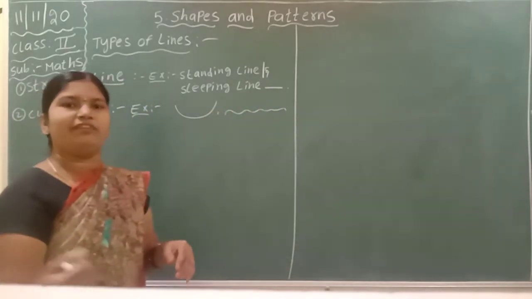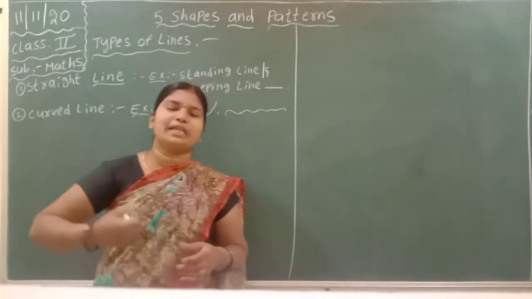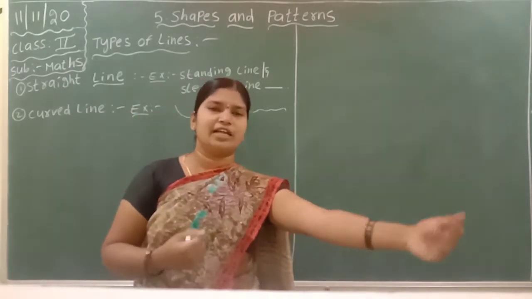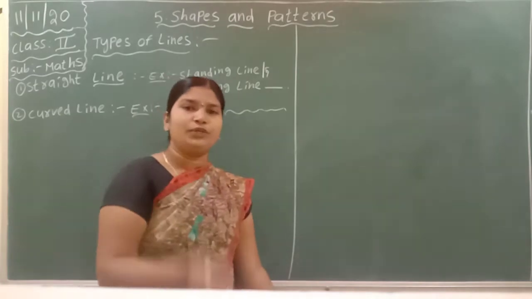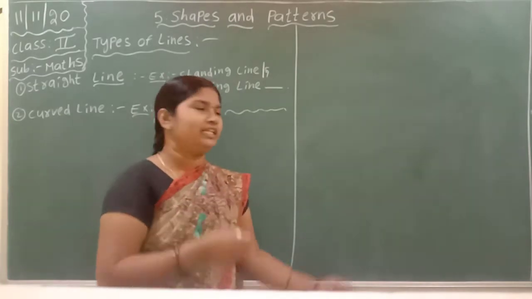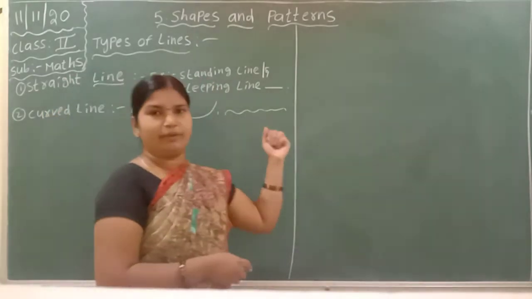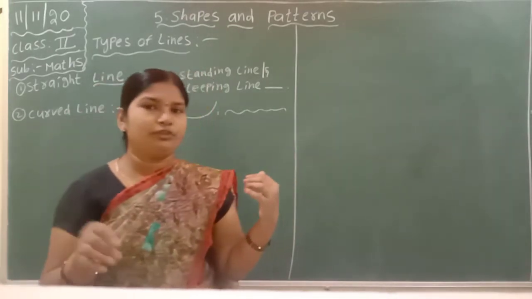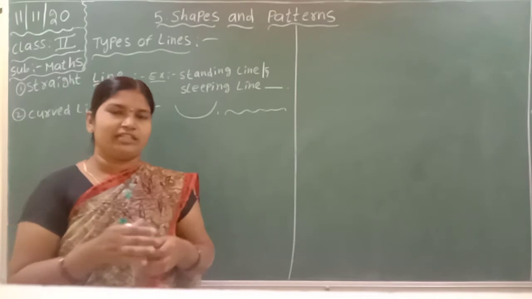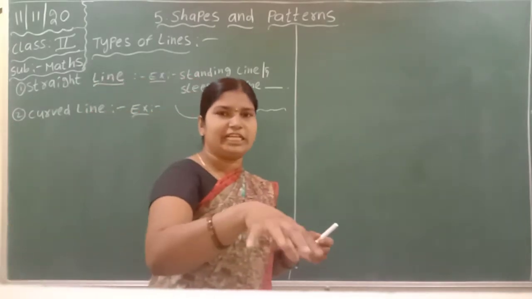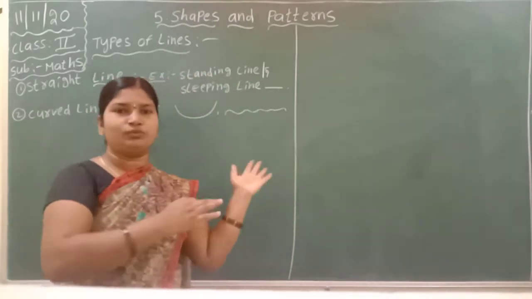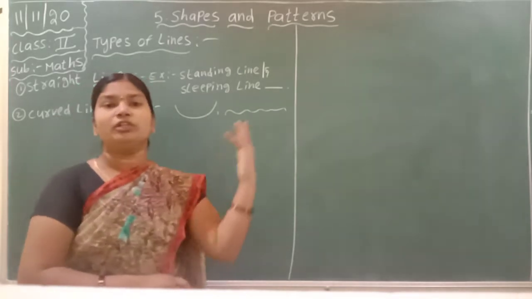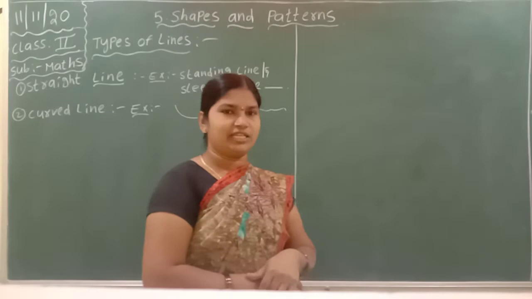Take one rope, hold one side, and ask your friend to hold the other side, and rotate this thread. How will you get it? Like this. And if you see any beach, observe the water. If there is a bucket of water, put your hand in and shake the water. How will it move? Like this, up and down. It is the shape of curved lines.